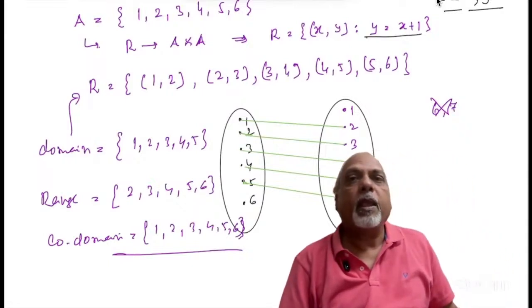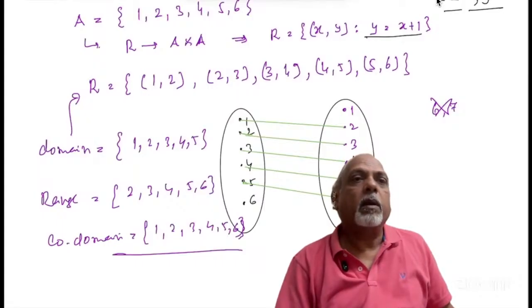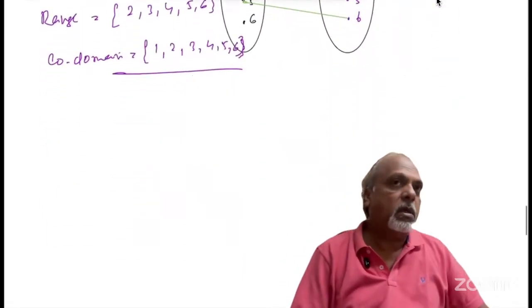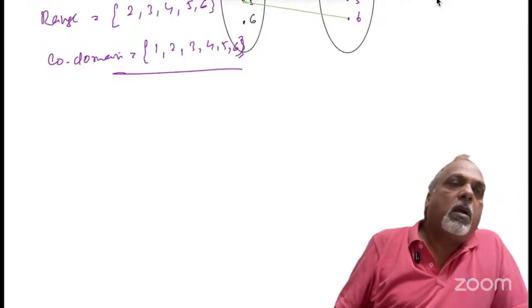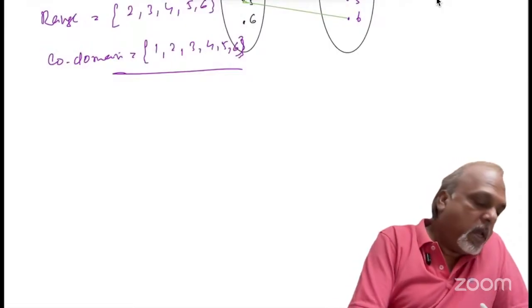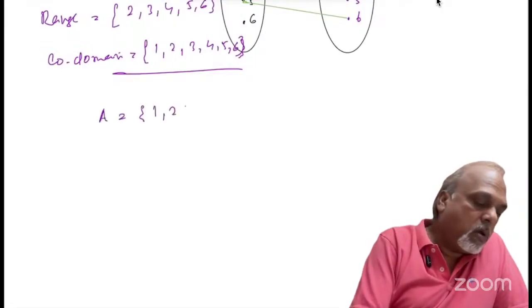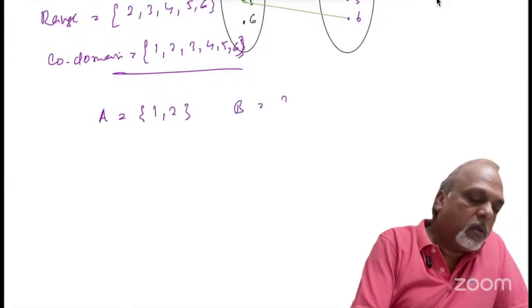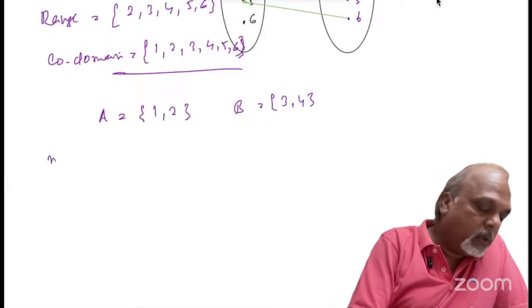Correct? So this is how you can do it. Suppose I say A is this and B is this, then find the number of relations.